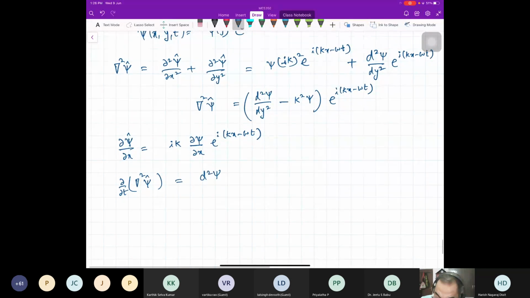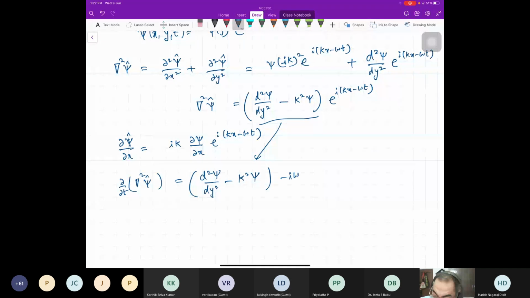This term here comes here. The derivative of the exponential with respect to time becomes minus i omega e to the power i(kx minus omega t). So that's the derivative with respect to time.